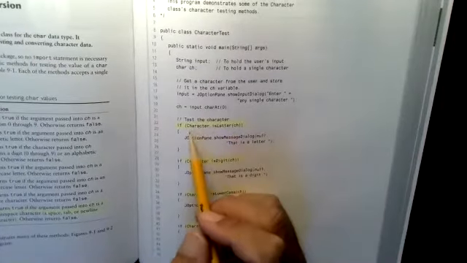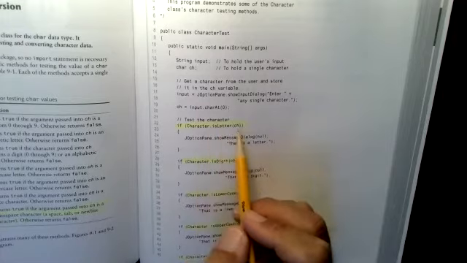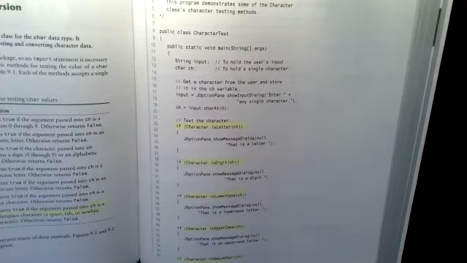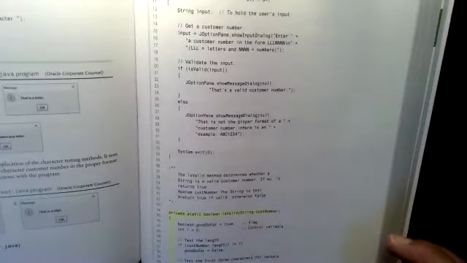Well, in 9.1, I'm using the Character class. Character dot isLetter, and I'm passing a parameter in. Here's my argument, ch, and it's being sent over to wherever that class is that has it. Okay? And there was an example of isDigit, isLowerCase, isUpperCase, etc.